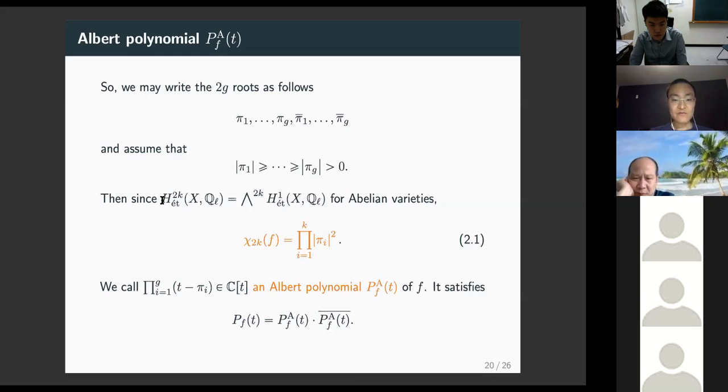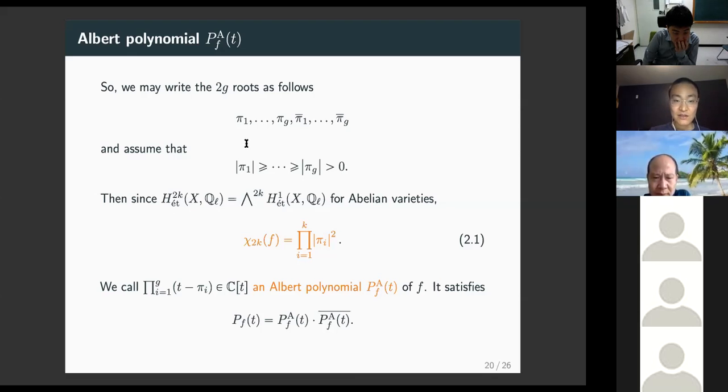Since for abelian varieties the étale cohomology group is very good, H^{2k} is equal to the wedge product of H^1 to the 2k. This is the same as for complex abelian varieties.